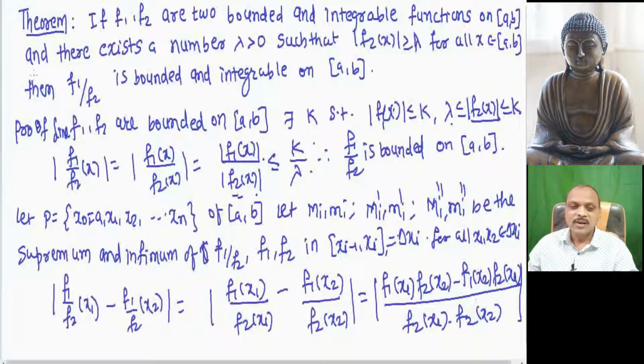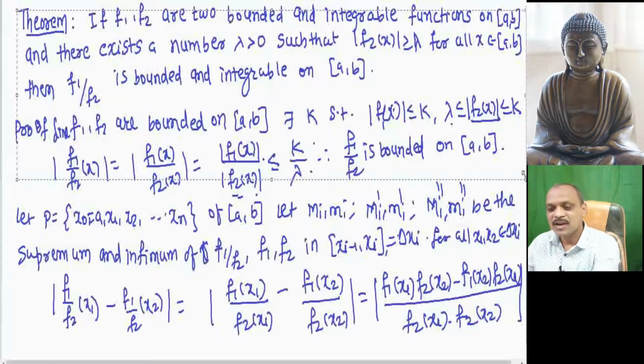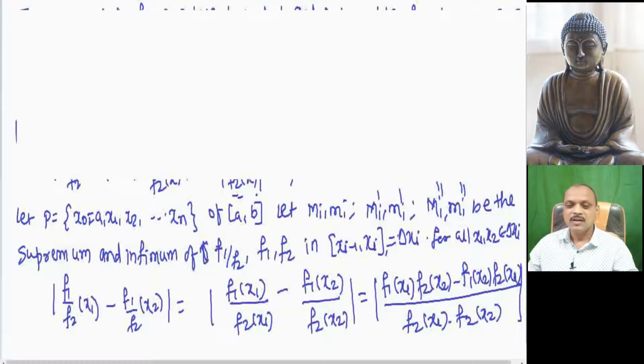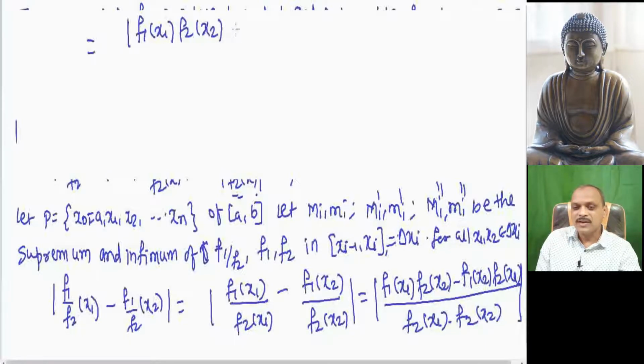We need now capital Mi dash minus small mi dash and capital Mi double dash minus small mi double dash. So therefore we arrange this sum, and we need to add some terms here. So this is equal to mod of here f1 x1 f2 x2 minus f1 x2 is needed.